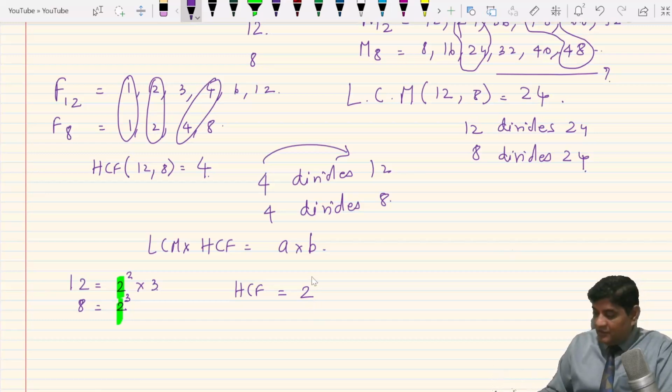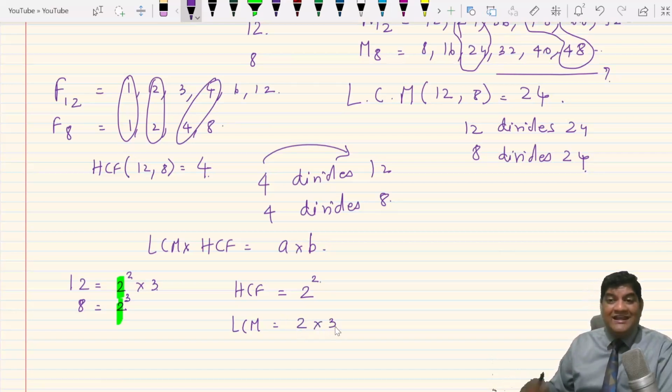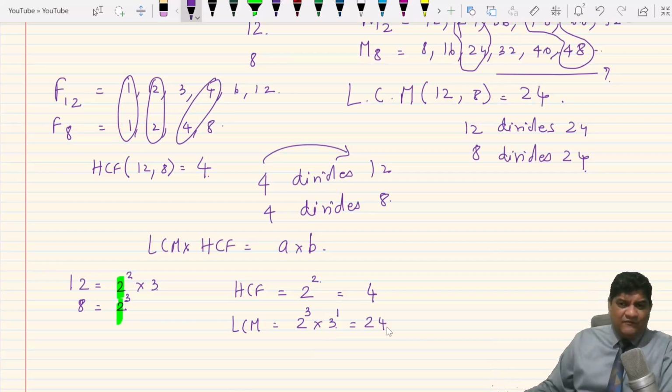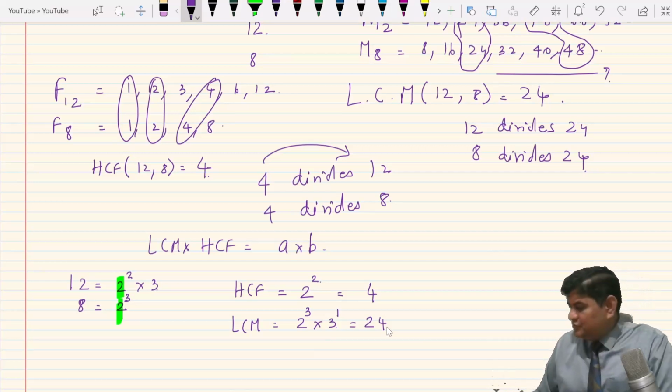The least power here is 2 again. What am I going to do for LCM? For the LCM, I'm going to take all the factors, and then I'm going to choose the highest powers. And this here is going to give me a 4, and this here is going to give me a 24, which is what we got here. So this is a method of finding the HCF and LCM of two numbers.